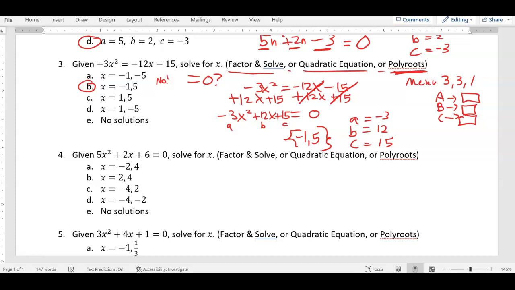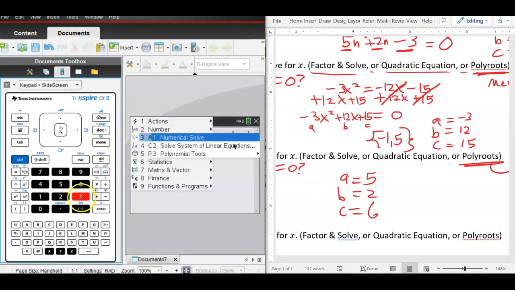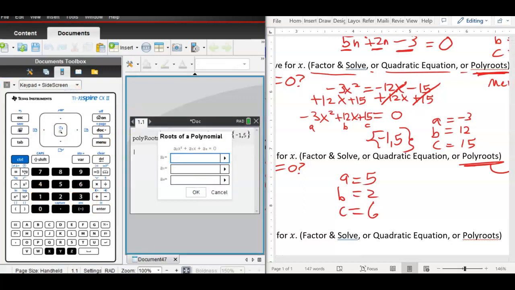All right. We're going to do the same thing here. We're going to do polyroots. Just like this again. Right. Now, is it equal to 0? Yep. It is equal to 0. Right. So, I already know A, B, and C. A is 5. B is 2. C is 6. So we can once again do menu 331. Okay. 5, 2, 6.